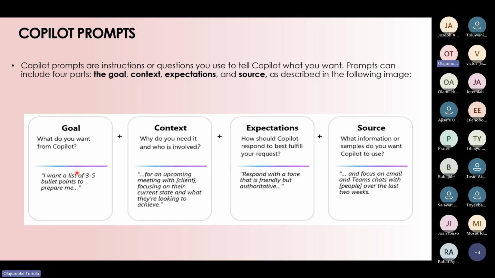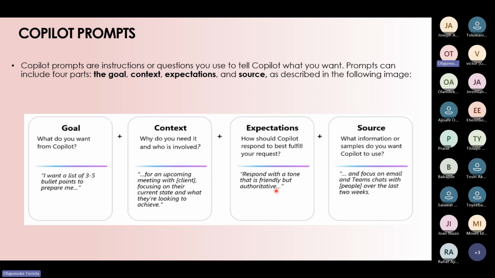You can see an example here. The goal: I want a list of 3 to 5 bullet points to prepare me. The context is for an upcoming meeting with a client, focusing on their current state and what they're looking to achieve. The expectation is that you should respond with a tone that is friendly but authoritative. I want it to be professional.